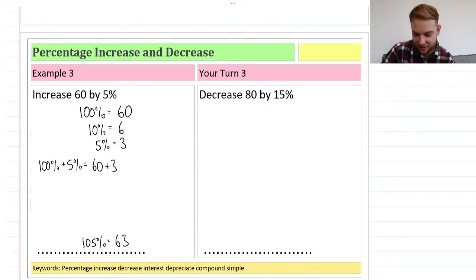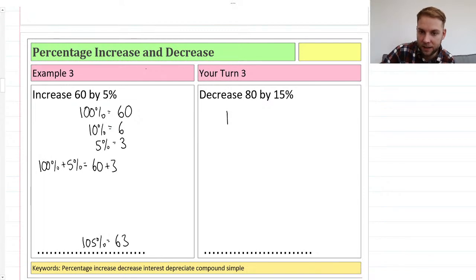Let's do it together then. So, let's find our 15% first. So, first of all, we start off with 10%.